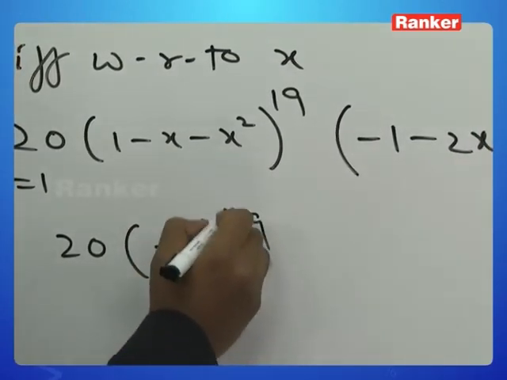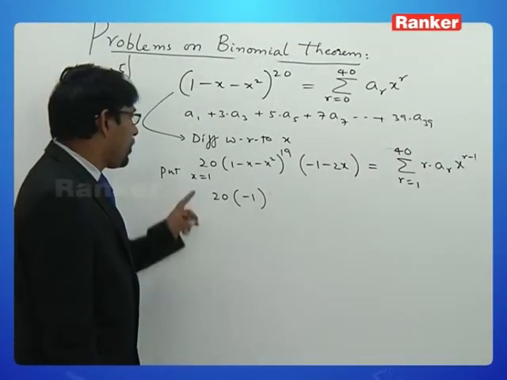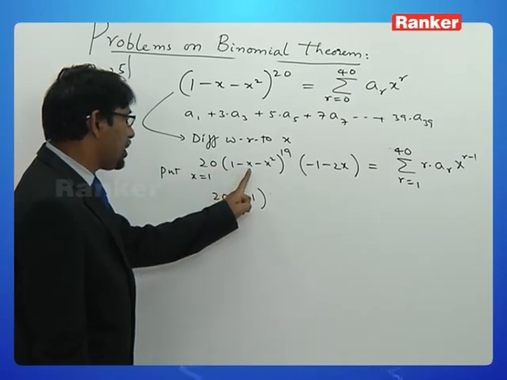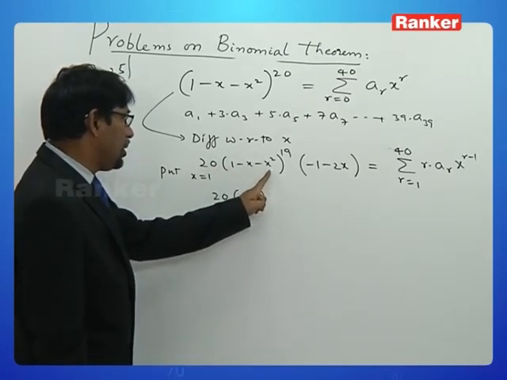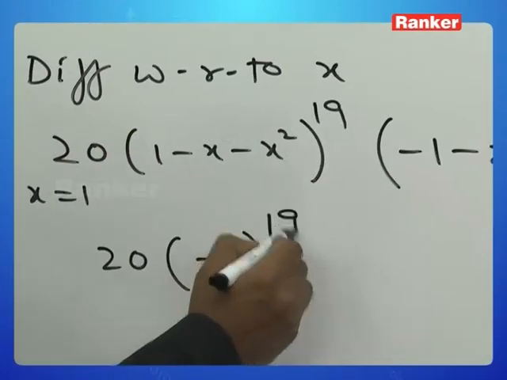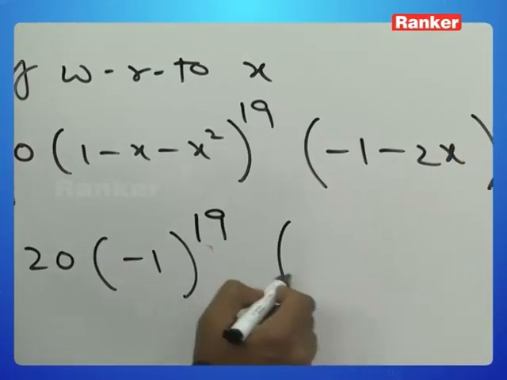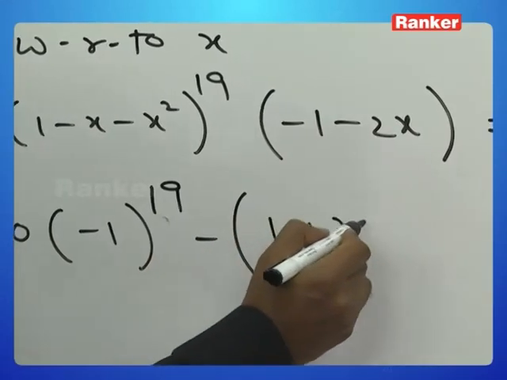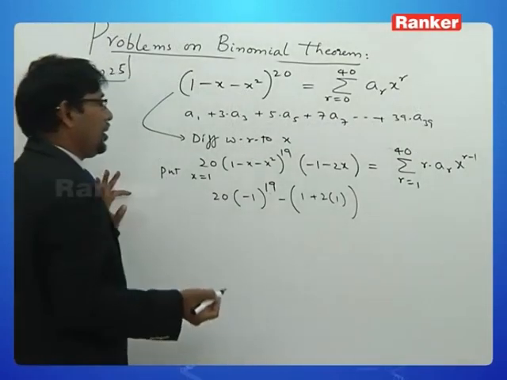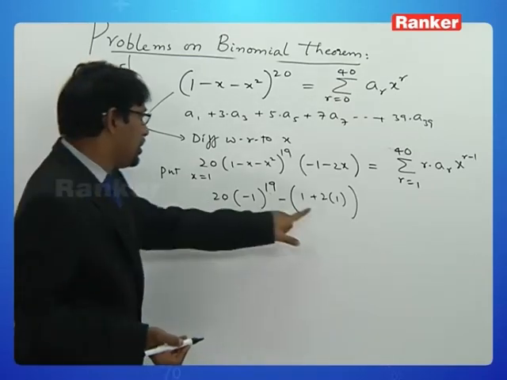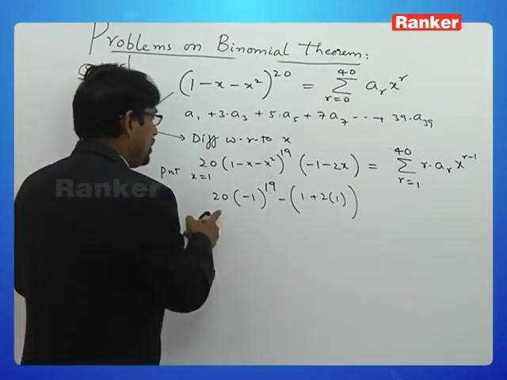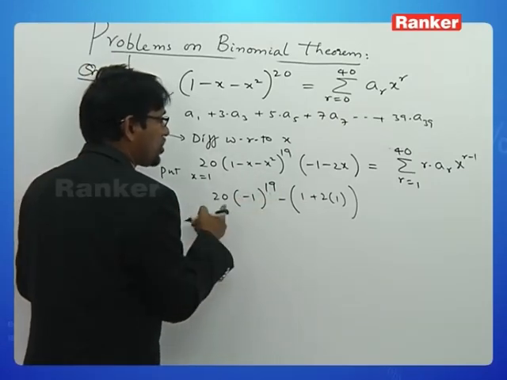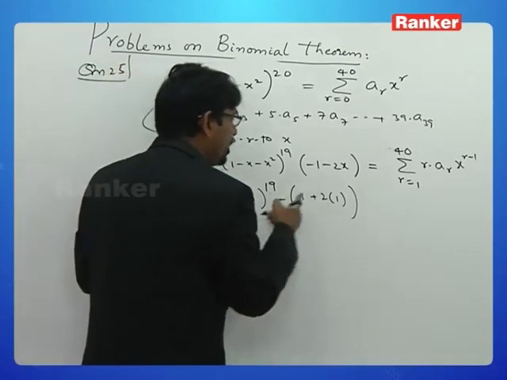Okay, I put x equal to 1, then we get 1 minus 1 is 0, 0 minus 1, minus 1 raised to the power 19 into, I will take out a minus common, 1 plus 2 into 1. Okay, that makes it 3, and minus 1 power 20, that makes it plus 1.